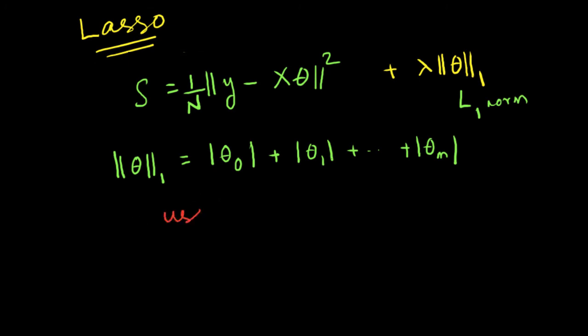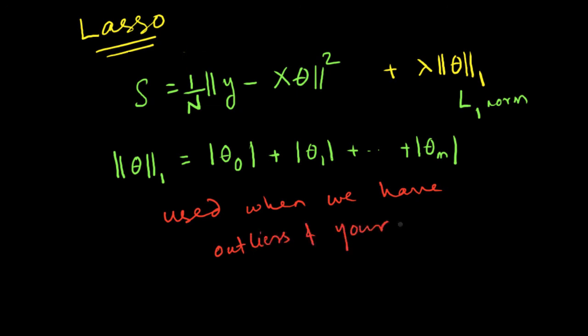So this is used when we have outliers and your data is non-Gaussian. This does not happen too often, but when it happens, you need to use these other methods in order to avoid problems of overfitting.